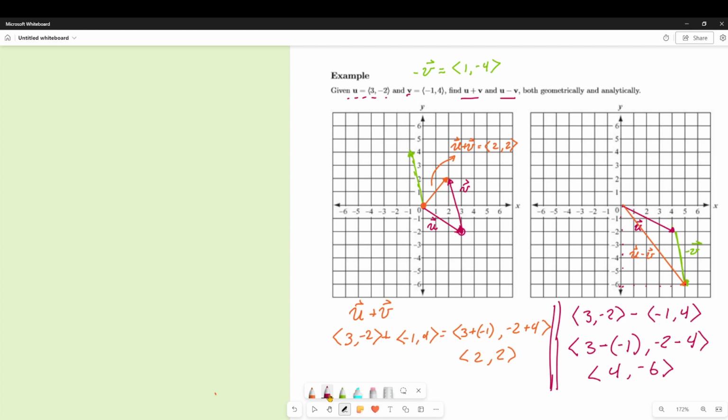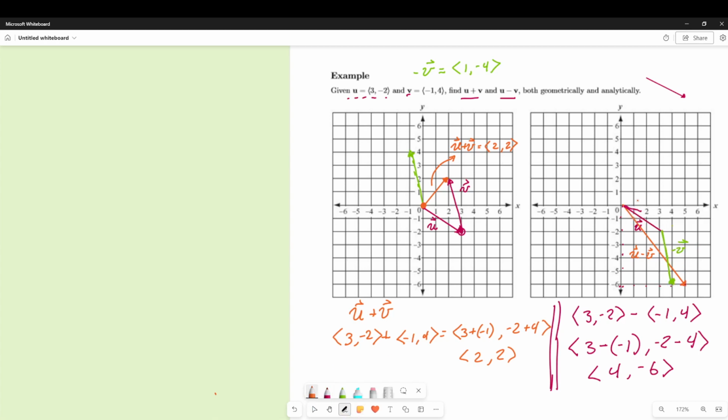And nobody yelled at me. That's a nice reason to do it twice. So this vector should be here instead, and then this vector should be there.